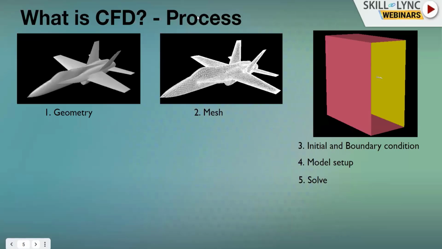The initial and boundary conditions are the next step, where we try to define the boundary conditions of the problem. The boundary condition is very important because most of the time we don't solve the complete actual case as it is.